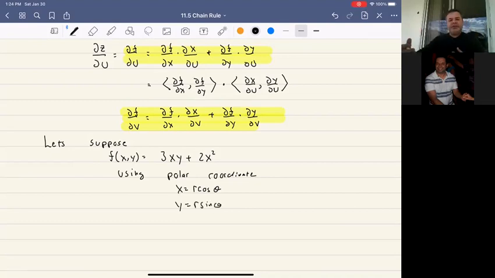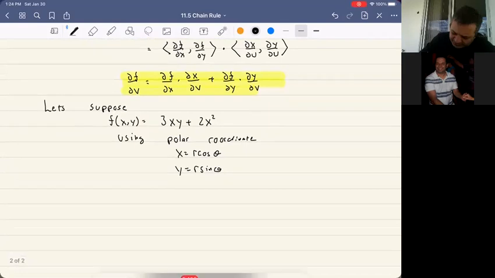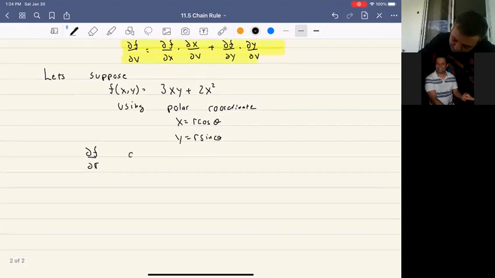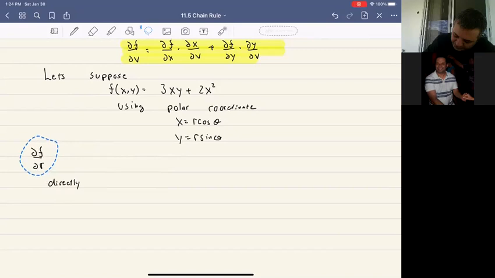Now, there are two ways we could find, for example, the partial of f with respect to r. We're going to do this two ways just to see what's going on. Let's do it first directly. This doesn't take anything from the chain rule yet.